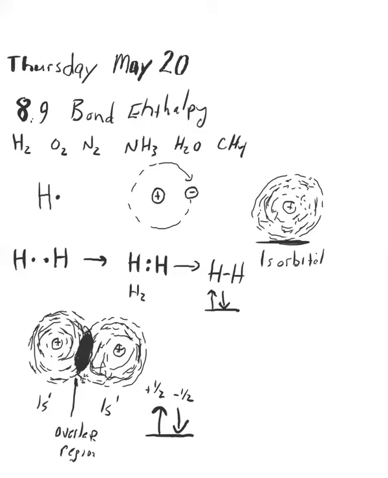They don't have a preference for this one on the left. They don't have a preference for this one on the right. They have a preference for both, so they're holding them together. So even though the protons want to fly apart, the electrons in that region in between them are holding them together.